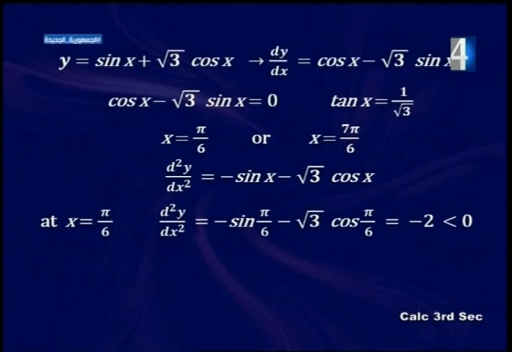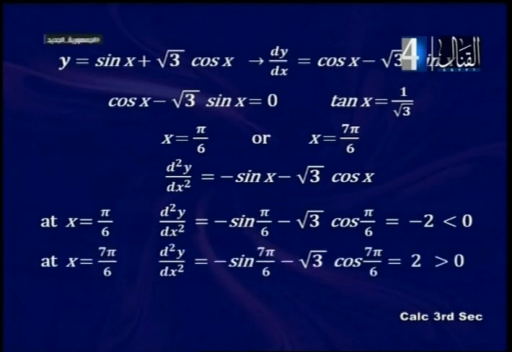Then the function has a local maximum value at x equals pi over 6. Now at x equals 7 pi over 6, the second derivative d2y dx squared equals negative sine 7 pi over 6 minus root 3 cosine 7 pi over 6, which equals positive 2.